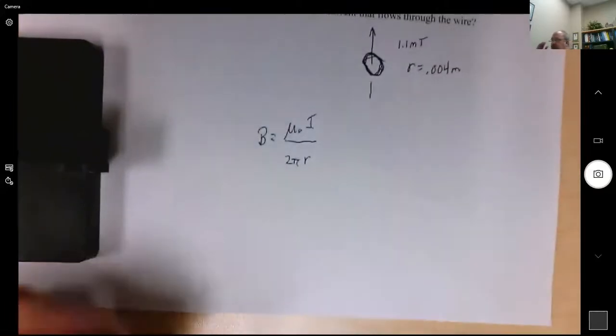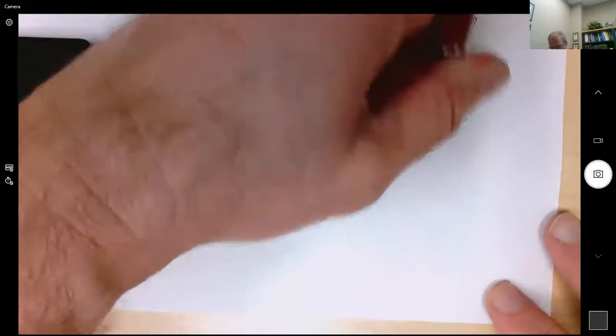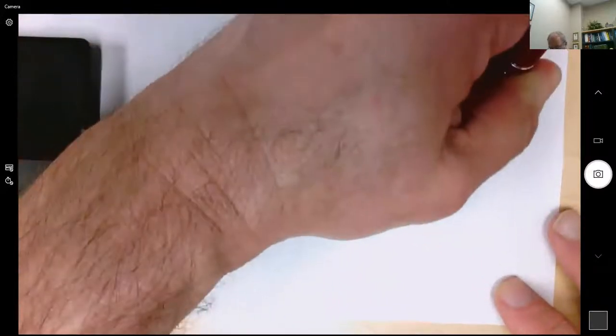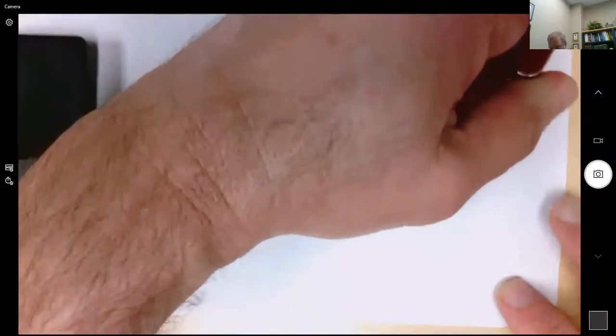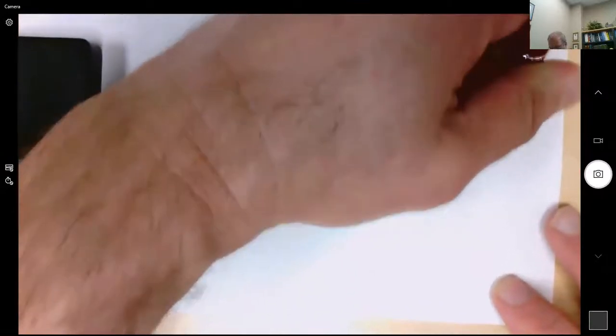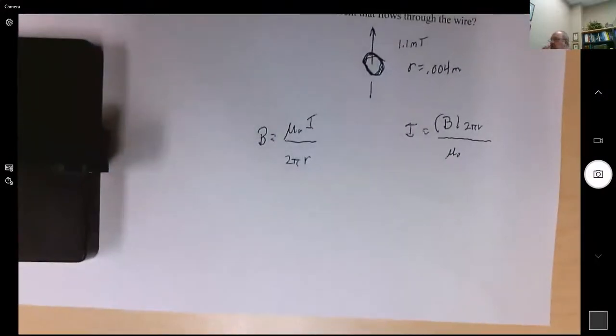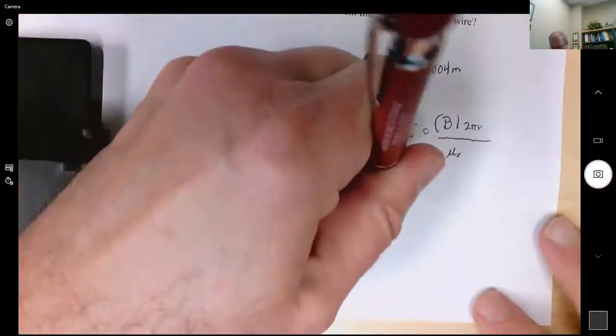So our current is going to equal B times 2 pi r divided by the permeability constant mu. So we can just plug in numbers.